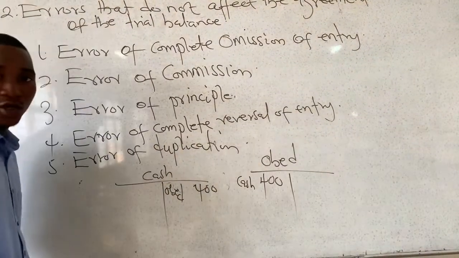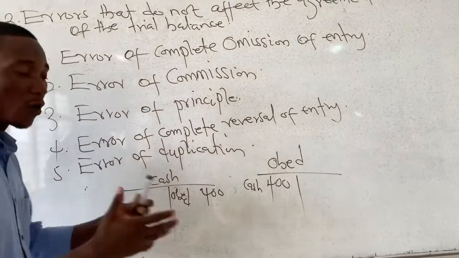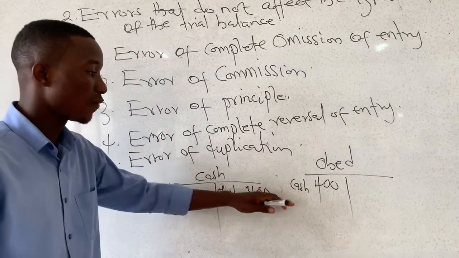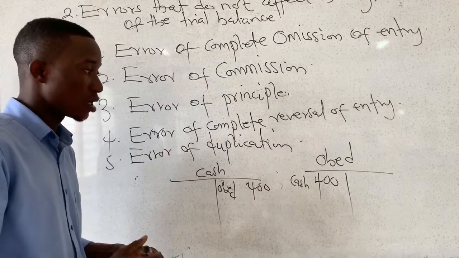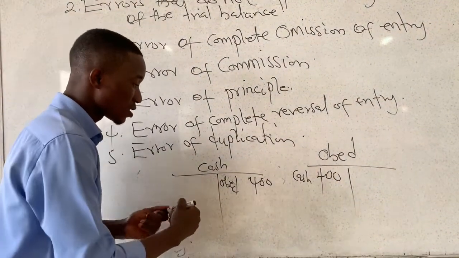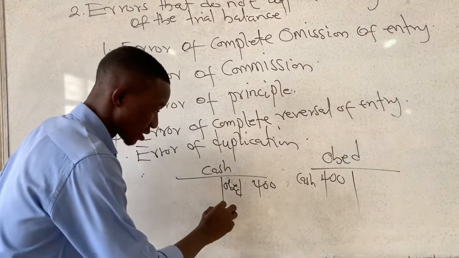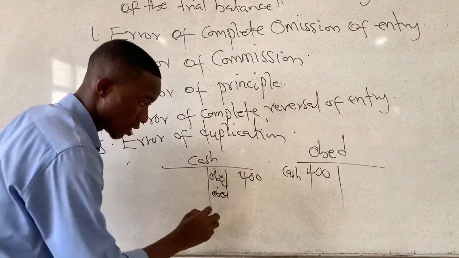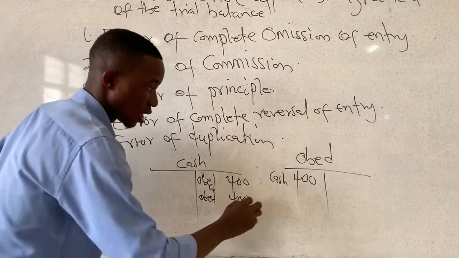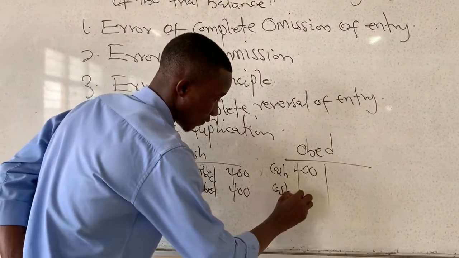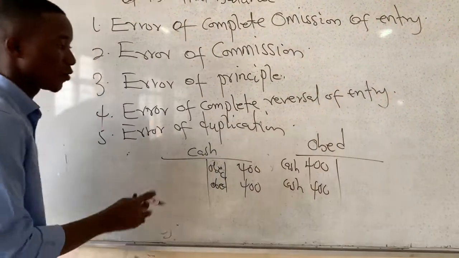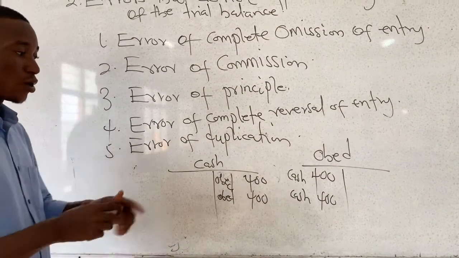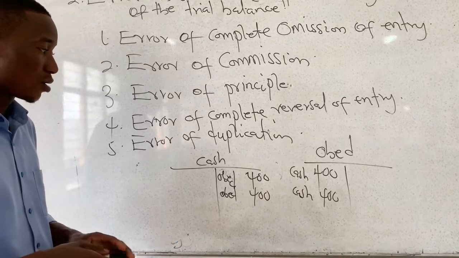That is today. So when we come to work or the office tomorrow, we've forgotten that we've already recorded this transaction, and we came back to credit the cash account in the name of Obed. We forgot, okay? Then we did it again, $400. It means we've duplicated the transaction, we've recorded it twice.